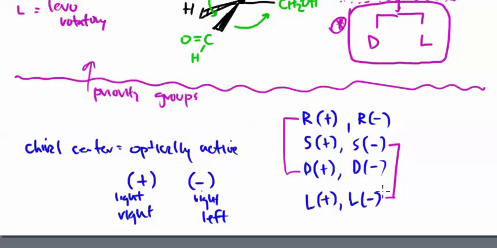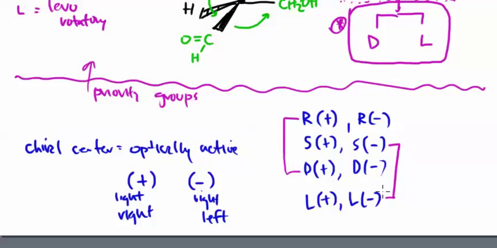What you should not really relate together is the plus and minuses with how the groups rotate about the carbon. They are completely different. One is the top RSDL. That is how the groups are rotating around the center carbon. The positives and the minuses are how these molecules are rotating light in a polarimeter.